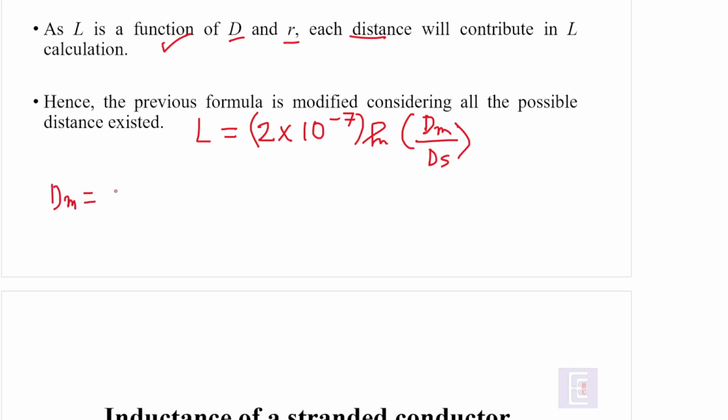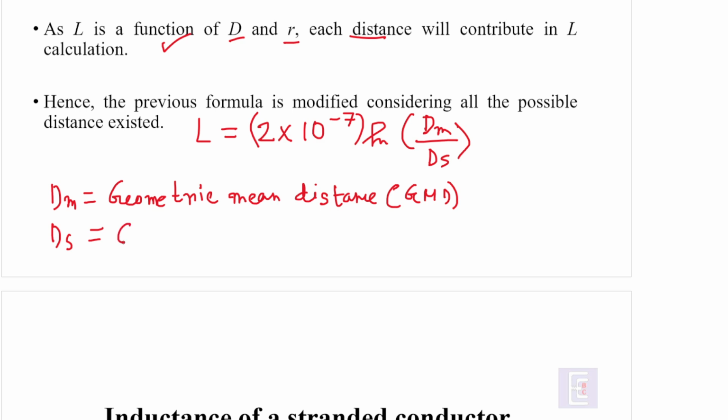It is called the geometric mean distance, in short GMD. And what is Ds? Ds is called the geometric mean radius.